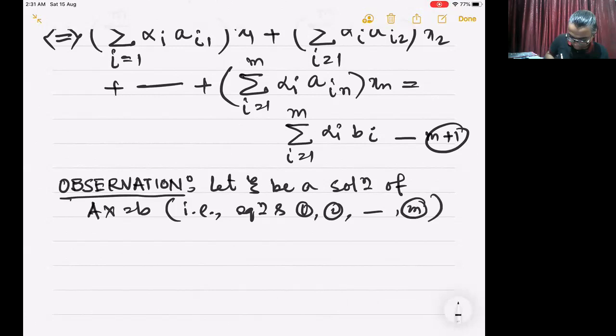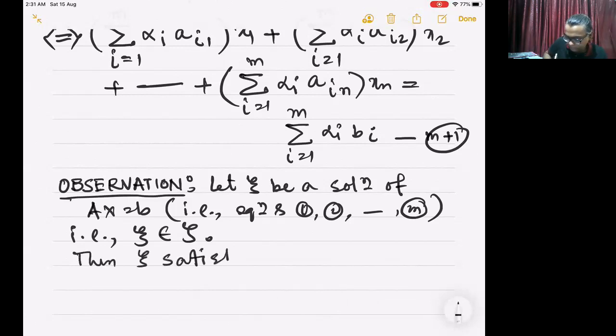Mathematically, xi belongs to S, the solution set of the given equations. Then xi satisfies equation m plus 1. Very simple.